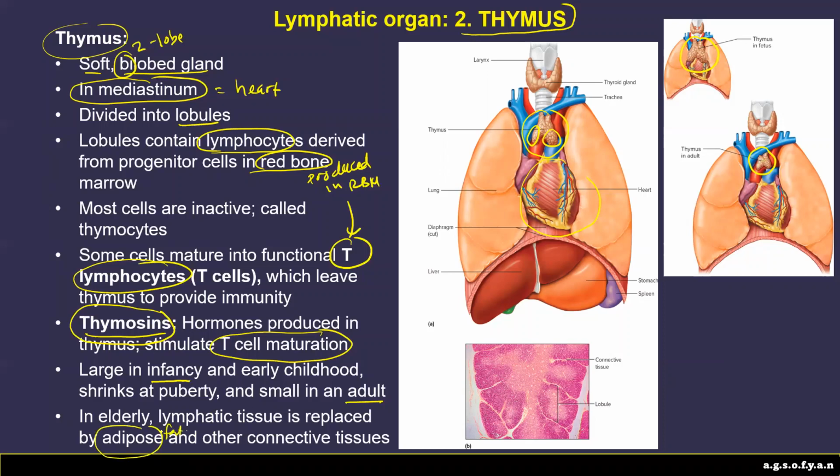This is the reason why adults usually have a weaker immune system compared to the children, to the younger generation. Okay, so this is the thymus. This is the place for T cell maturation. That's the function of the thymus.